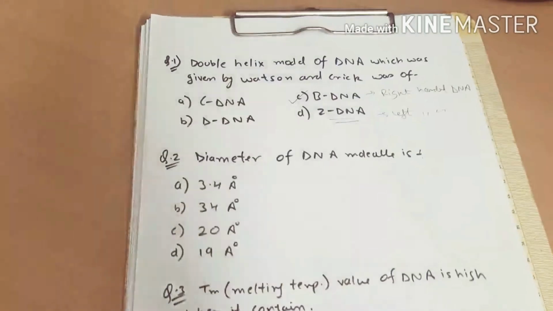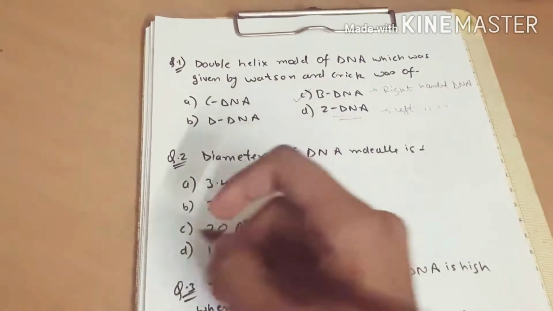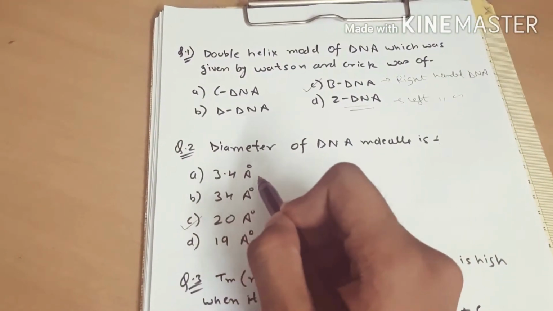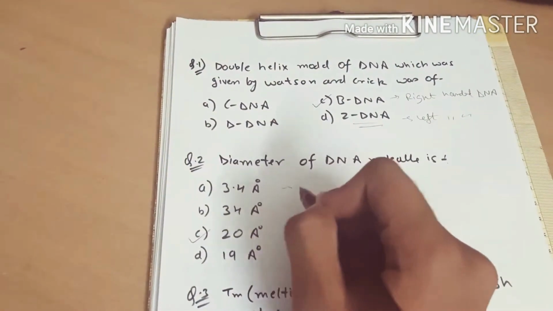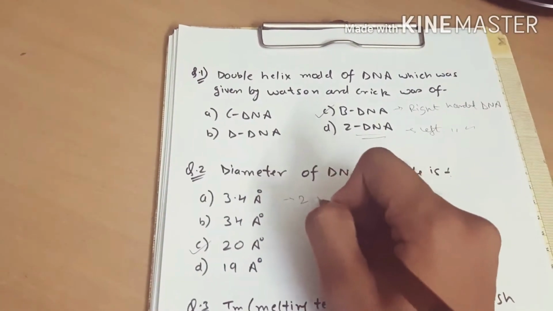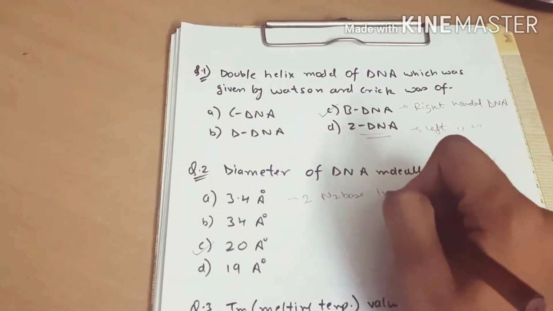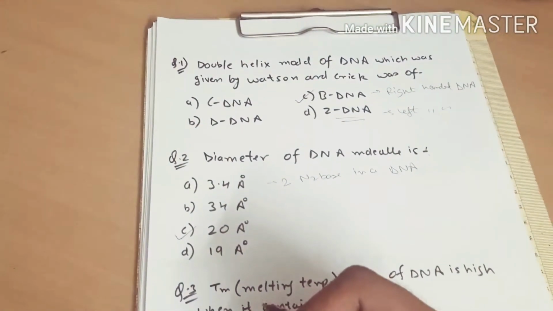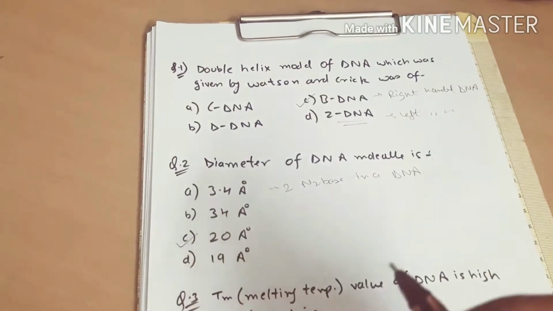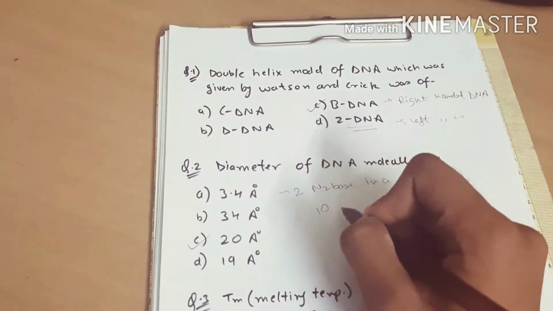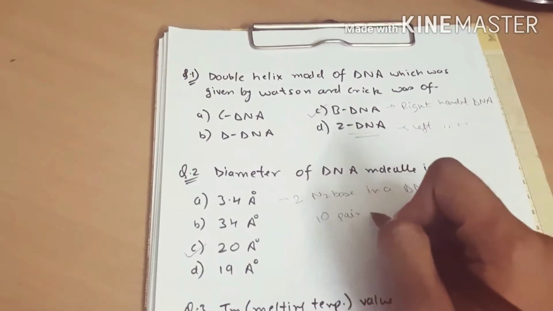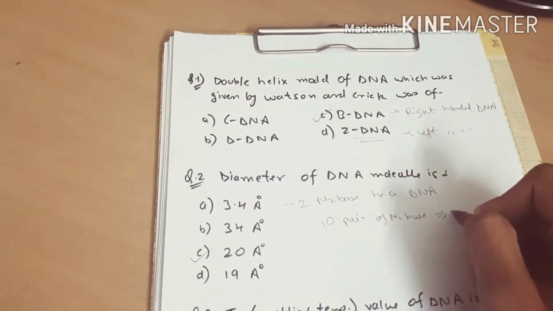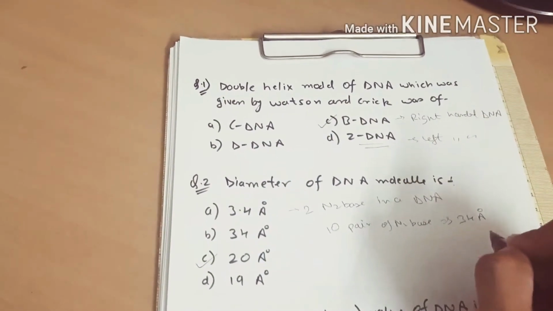Now question number 2 says diameter of DNA molecule is 3.4 angstrom, 34 angstrom, 20 angstrom or 90 angstrom. The answer is option C, which is 20 angstrom. 3.4 angstrom is the space between the two nitrogen bases in a DNA, and one complete turn of a DNA molecule consists of 10 base pairs, 10 pairs of nitrogen base, which is having a length of 34 angstrom.